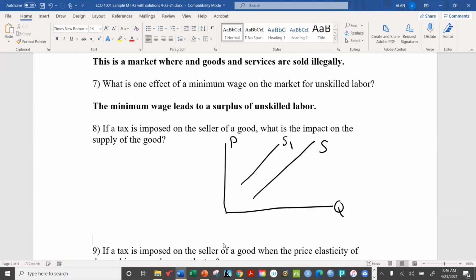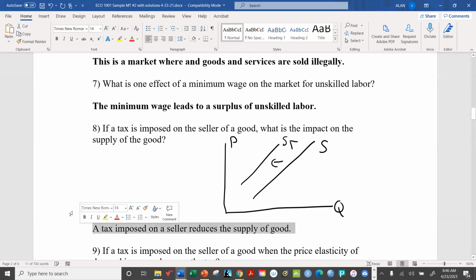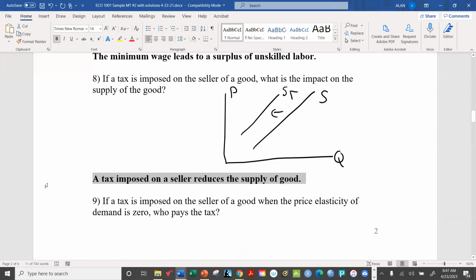If you want to draw this, you can, to help remember, but you'll notice that even without any of the other curves or other information, the bottom line is that a tax imposed on a seller reduces the supply of the good, because it's more expensive for the seller to produce the good, therefore less will be produced. It's really just that simple.